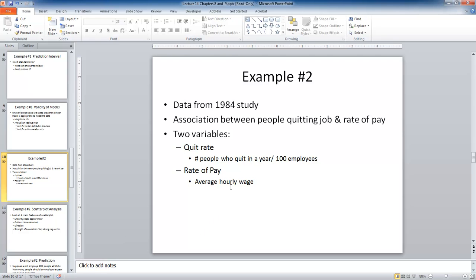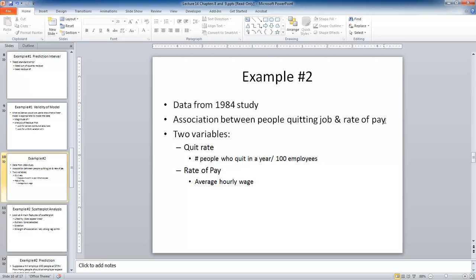Okay, so this is a problem where we're looking at the association between the rate at which people quit jobs and the rate of pay. The quit rate here is our y variable. The thing you always want to ask is, what is the x, what is the y? How do you tell?